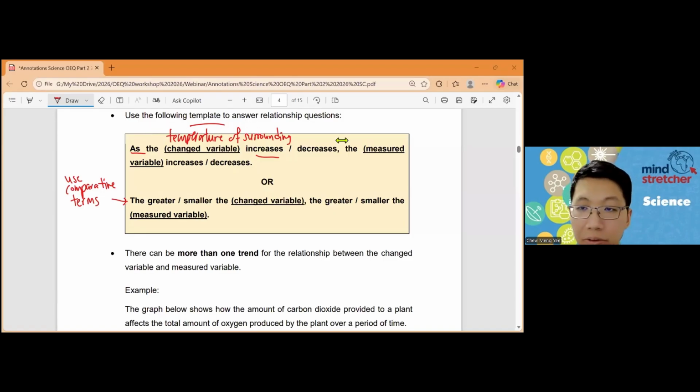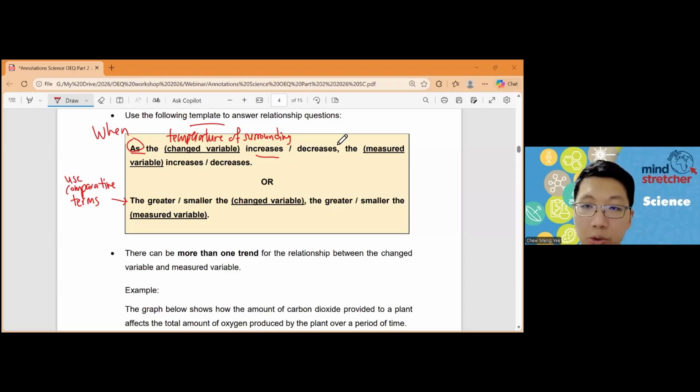Can I say that when the CV increases, the MV decreases? I think that's okay, Elena. So one of you is saying that instead of "as," you use "when." When the change variable increases, yeah, I think that's fine. So "as" or "when" also can.